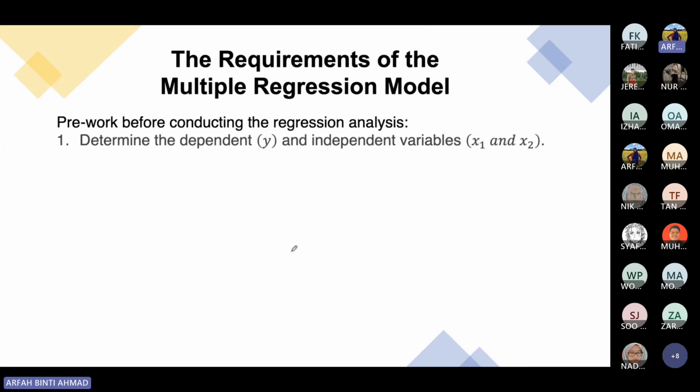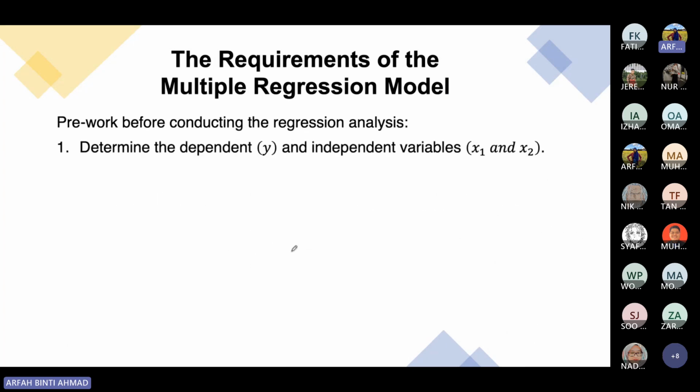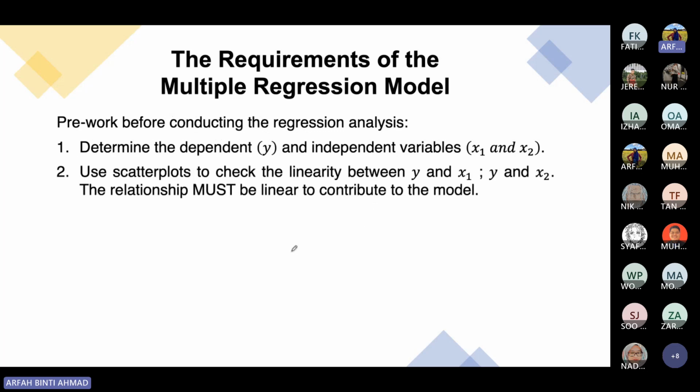So these are the steps involved before we conduct the regression analysis. First, determine which one is your independent variable, x1 and x2, and which one is your dependent variable, which one is your y. And then use a scatter plot to check linearity between y and x1 and between y and x2.